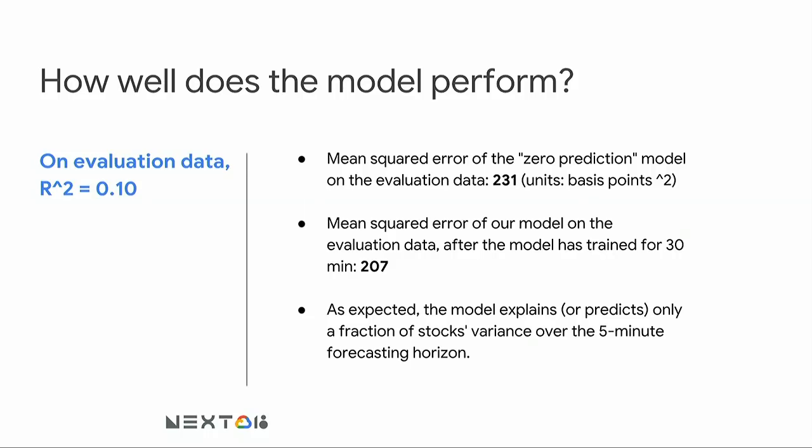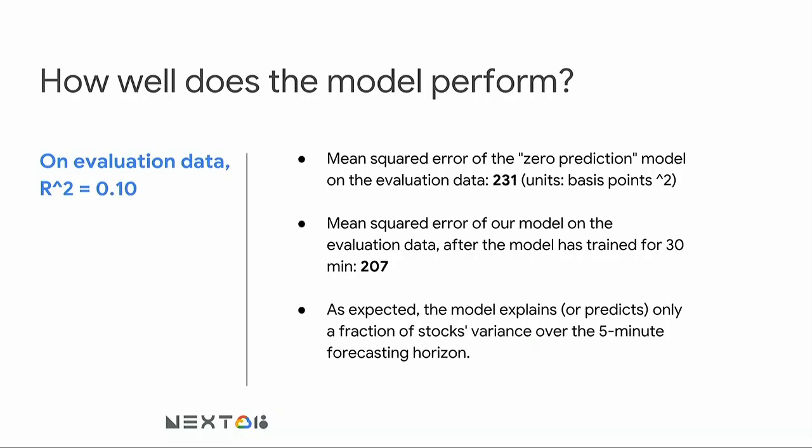If R-square is 0, it means the model is as good or as bad as the trivial model that always predicts 0 returns. If R-square is 1, it means the model is perfect. If it's between 0 and 1, it means it has some predictive capability. So here you can see that for the 0 prediction model, the mean squared error on evaluation data was 231 squared basis points, where basis point is 1/100 of 1%.